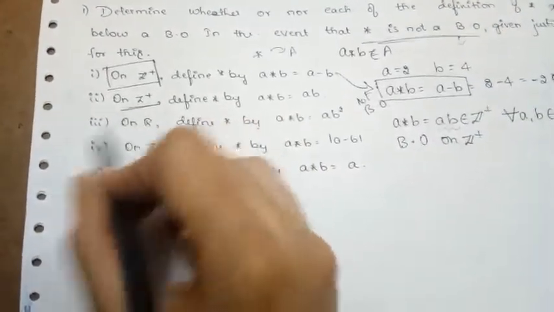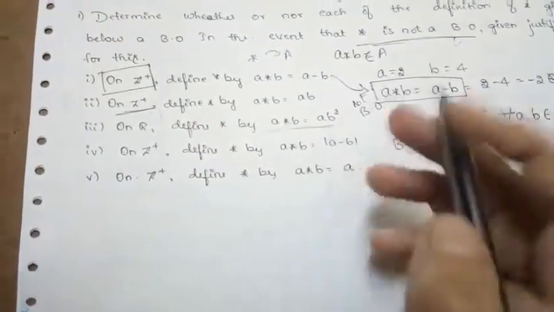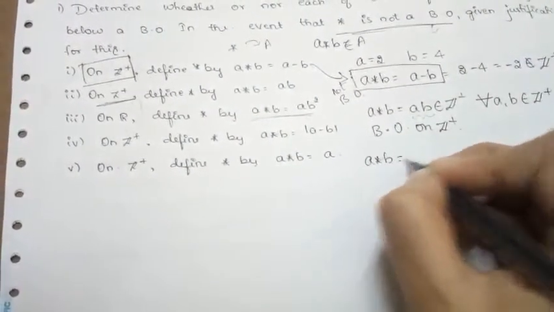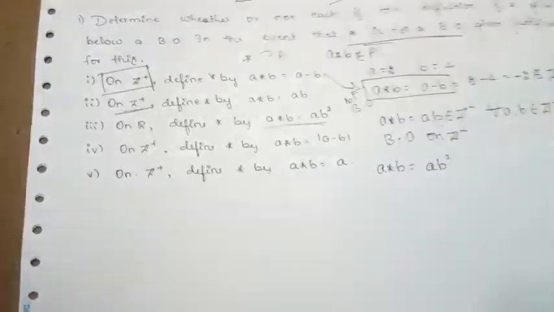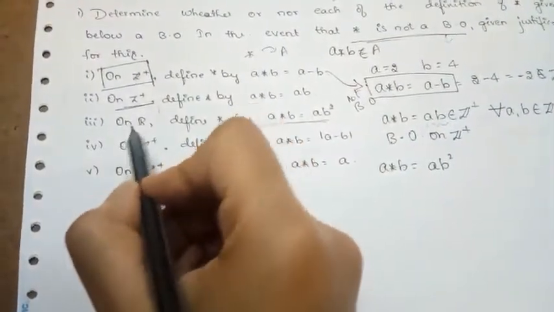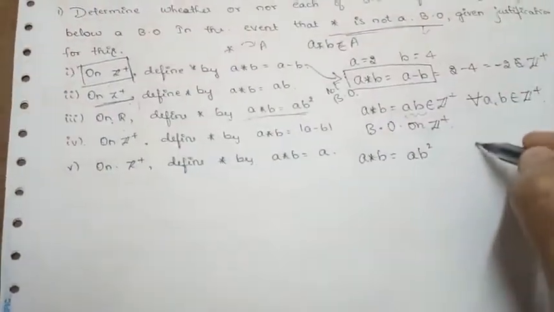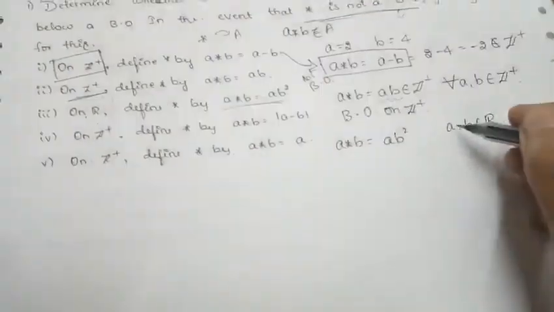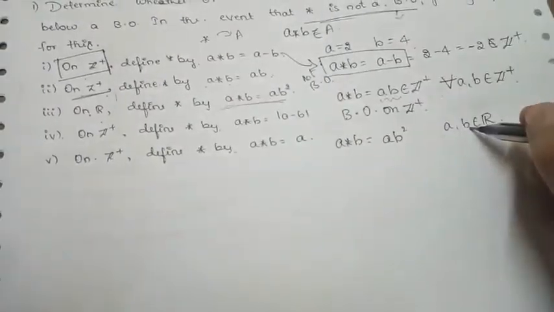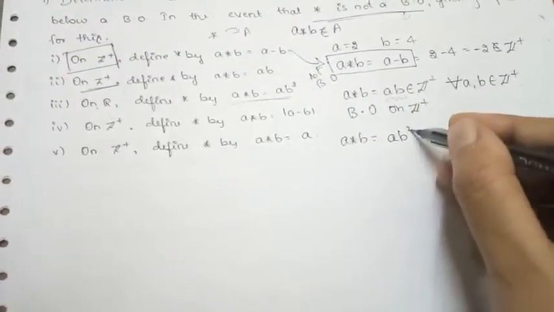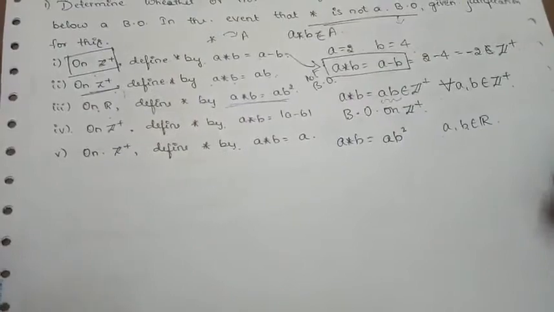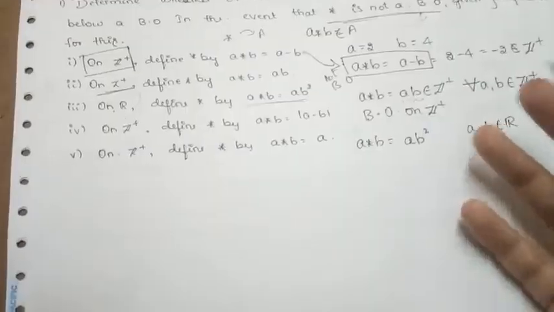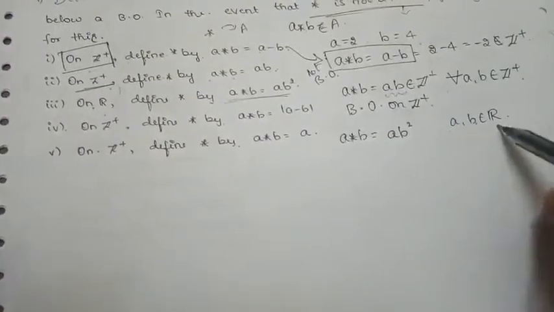Upon the set of real numbers, what have they defined? A star B is equal to AB square. So clearly the operation is defined upon the set of real numbers. So obviously A and B belong to the set of real numbers. If we take any two real numbers, then the square of a real number also belongs to the real numbers, and if we multiply any two real numbers, that also belongs to the set of real numbers.